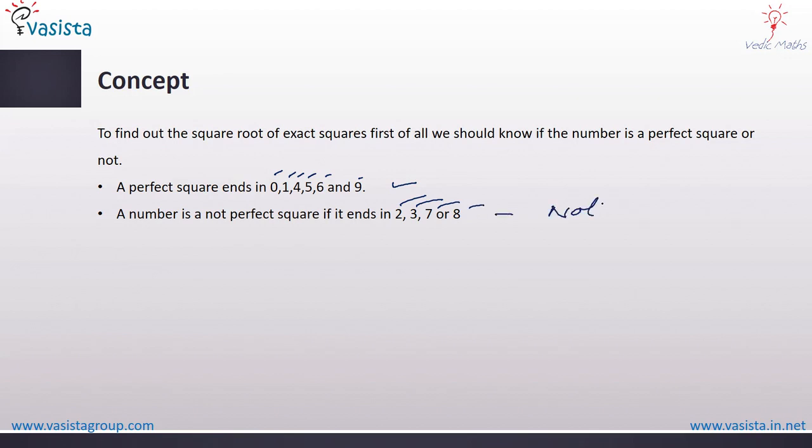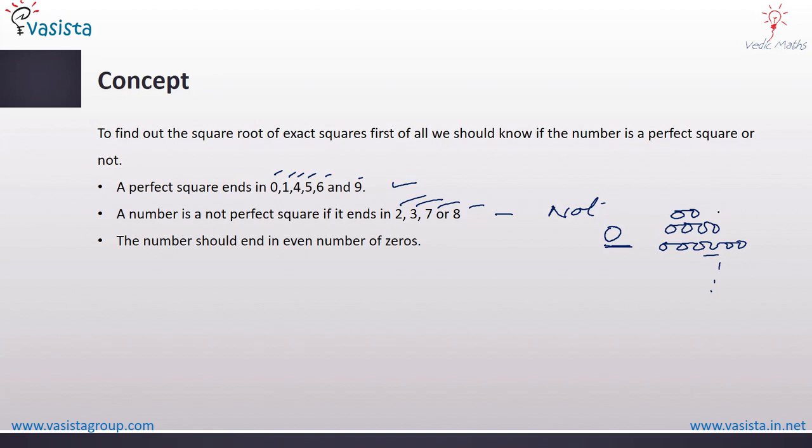The third point is the number should have an even number of zeros. If it is only one 0, it is not going to be a perfect square. It should end with 2 zeros or 4 zeros or 6 zeros, an even number of zeros.